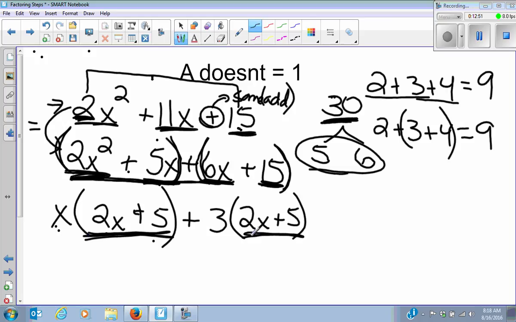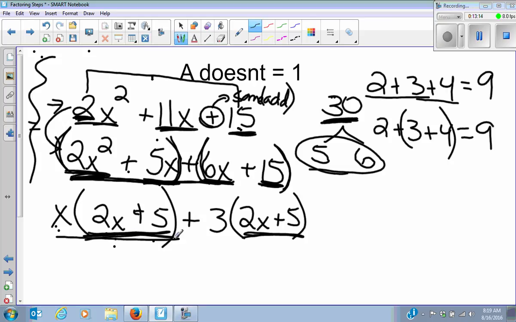That has to happen. If that doesn't happen, you done did something wrong all up here. You made a mess of something, and you got to fix it because this has to happen.